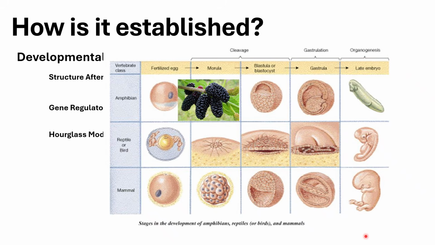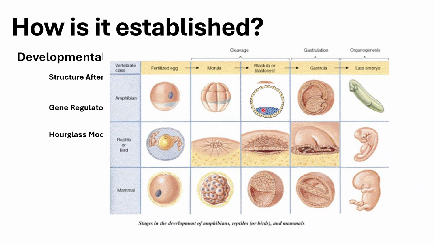Again, we have the morula. The morula comes from, I think, the Greek or Latin term for mulberry. So this is actually the mulberry and it resembles the morula. And we have the blastula, which literally comes from the term which means sprout, because in the middle part of the morula there is a sprouting of a group of cells.